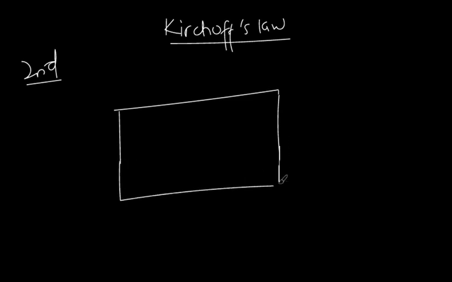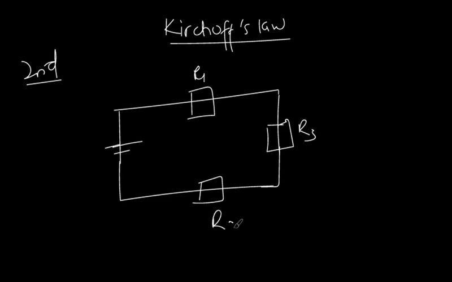So if we have closed loops in this way, then we have our source of EMF over here, then we have our resistors connected over here, another resistor over here, then we have another one over here. So this is resistor 1, R1, this is resistor 3, this is resistor 2.